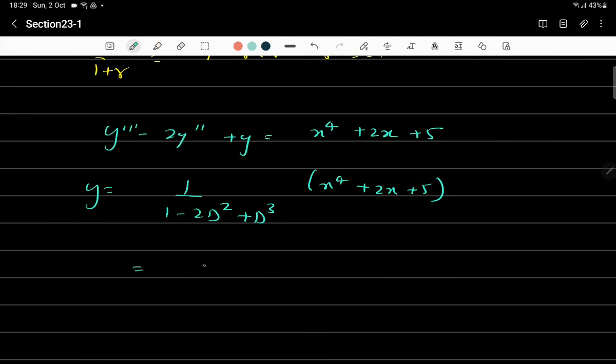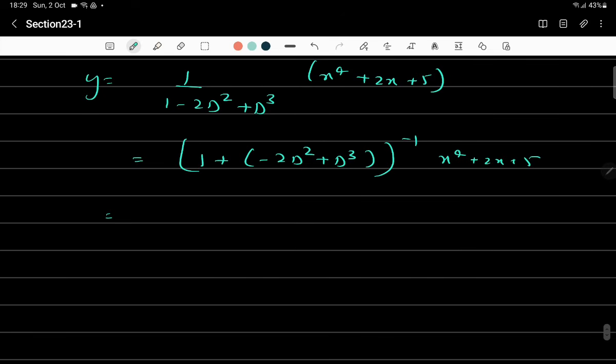So I can write it as 1 plus, there could be many ways to write it down, and then raised to the power minus 1 x raised to the power 4. So now it is a geometric series 1 by 1 plus r. So if I expand it, the first term is 1, then minus r, so 1 plus 2d square minus d cube, then plus r square.